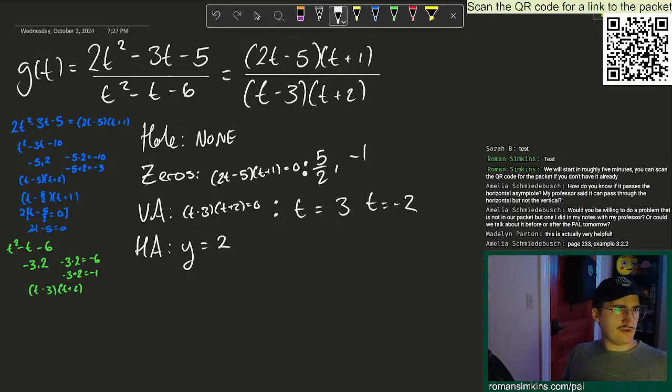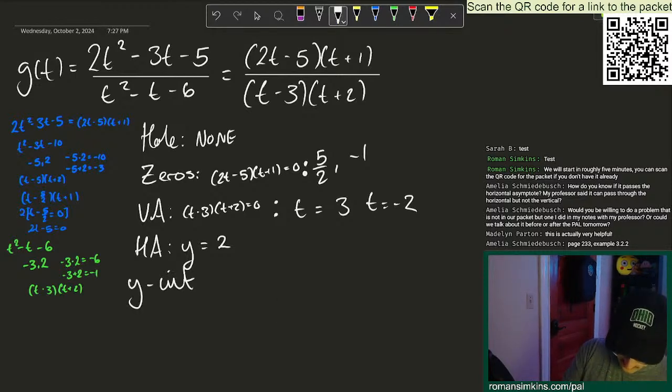Then what else do we have to do? We have to set the input equal to 0 and find the y-intercept. We might not get the nicest answer in the world. This is another example of where we want to use the original function versus the reduced function, because take a look at what happens. Let me use different colors because I'm getting crammed.